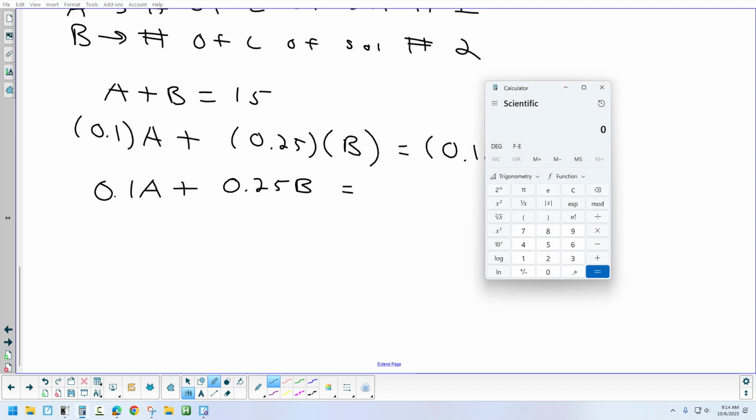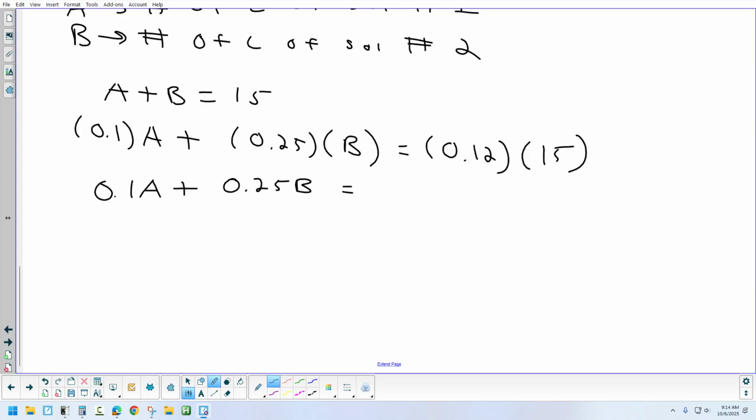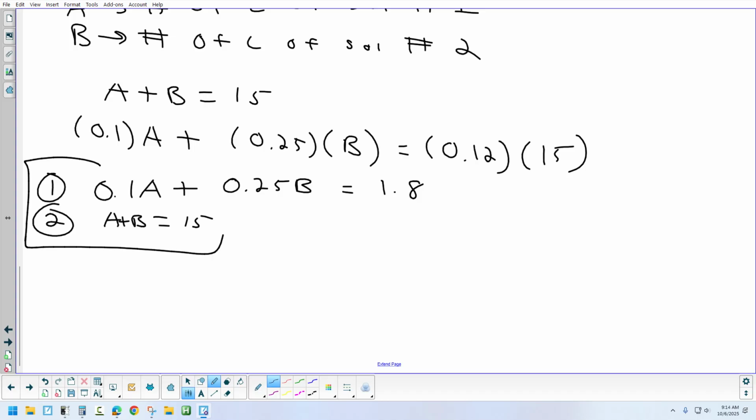So we got 0.12 times 15. 1.8. Okay. So I'm just going to write down our two equations together now. A plus B equals 15. And that one. Okay. So that's what we need to solve.